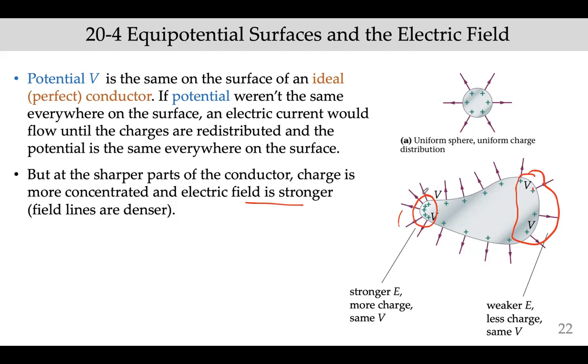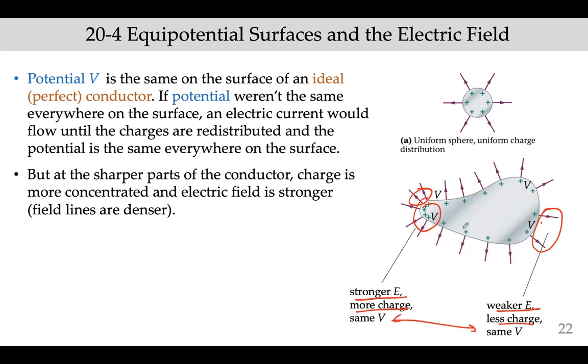You can see that the electric field lines are denser than here. So to summarize, at the sharp points you have more charge, stronger electric field. Here you have weaker electric field, less charge, but the potential is the same.